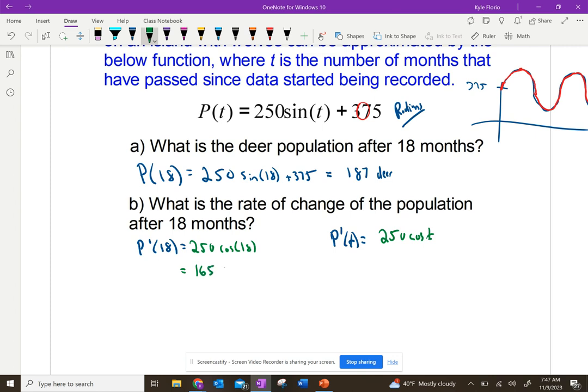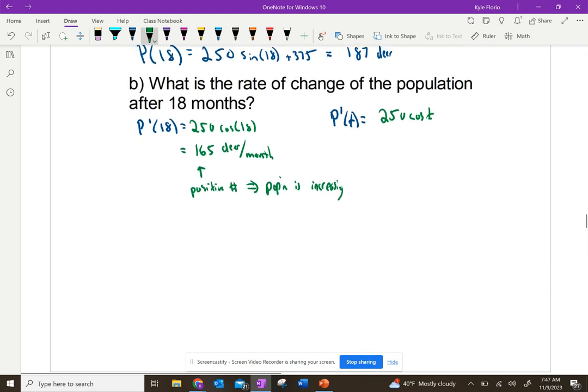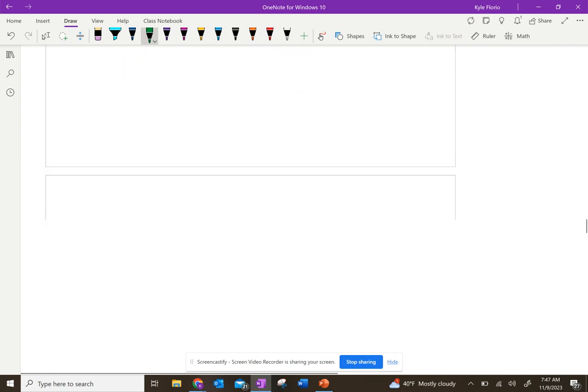And that number represents the amount of deer per month. It's a positive number, so it means the population is increasing at this moment. So we're somewhere in this part of the function where it's increasing. If it was negative, then it would be going down at that rate.